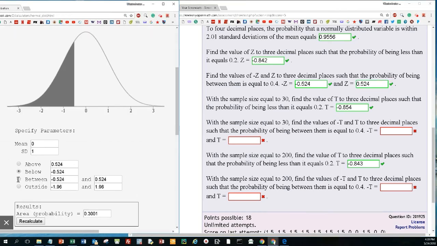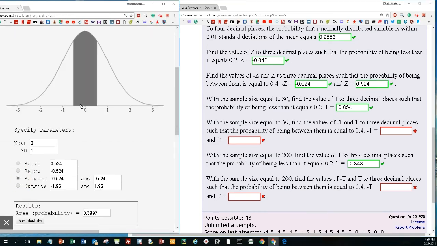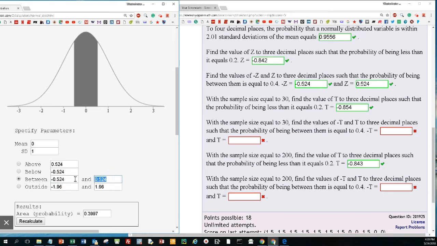So let's go back here to between. Okay, so the area between negative 0.524 and positive 0.524 is, to 3 decimal places, 0.4. So our t-value should be pretty close to these two values, negative 0.524 and 0.524.